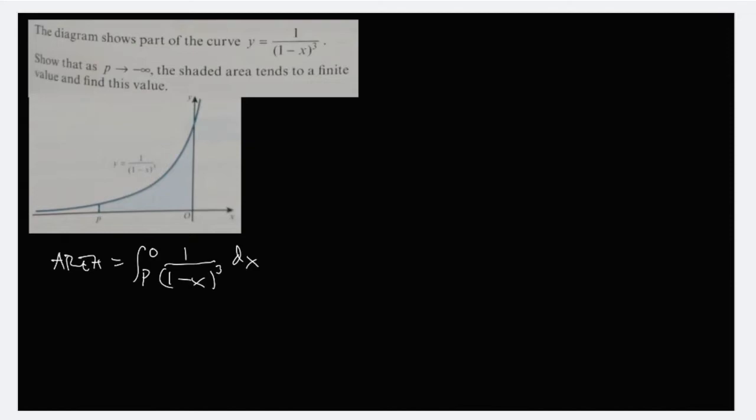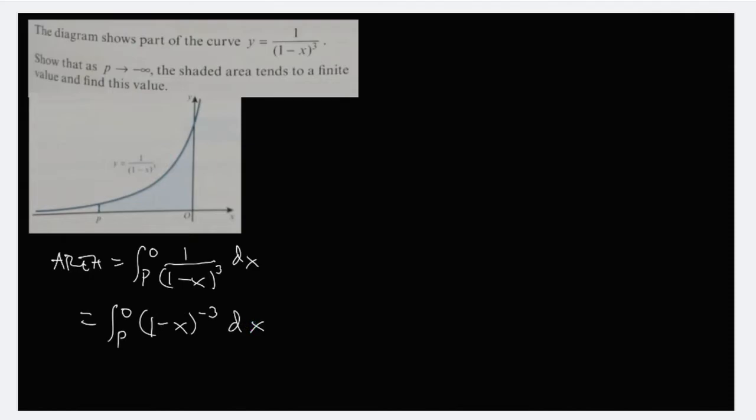First things first, we need to rewrite this so that we will be able to apply integration. So that becomes the integral from p to 0 of 1 minus x raised to negative 3 dx.